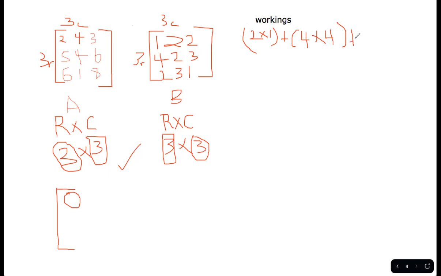Then plus this 3 times this 2. So 2 times 1 is 2, plus 4 times 4 is 16, plus 3 times 2 is 6. 2 plus 16 is 18, plus 6 is 24. So our first point here is 24.